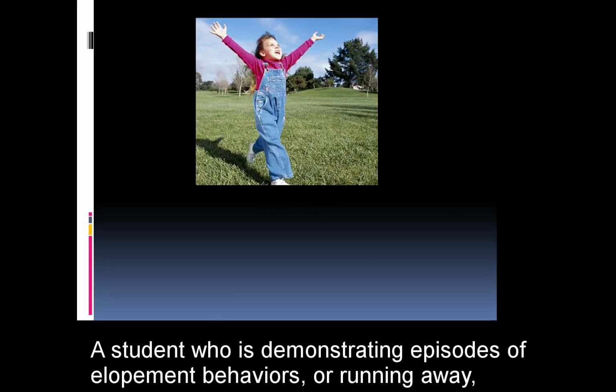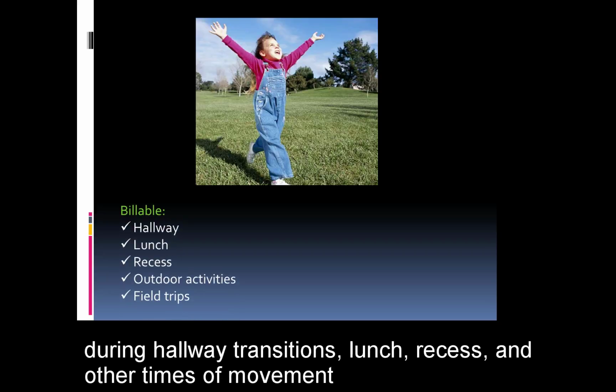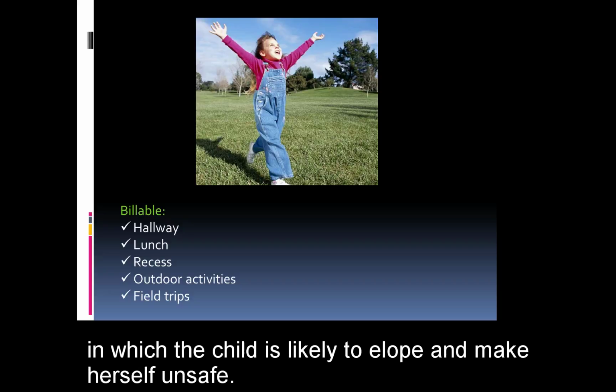As another example, billing can also occur for students who display increased vulnerability due to cognitive deficits or socially inappropriate behaviors. A student who is demonstrating episodes of elopement behaviors or running away would have billable minutes for PCA observation and monitoring during hallway transitions, lunch, recess, and other times of movement in which the child is likely to elope and make herself unsafe.